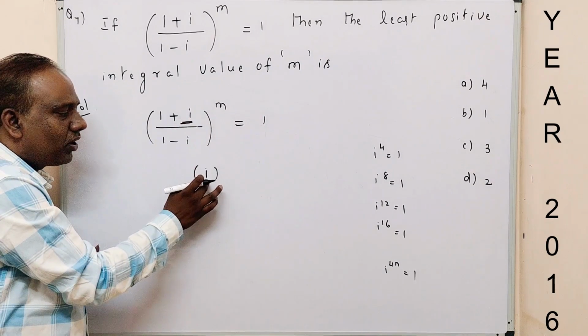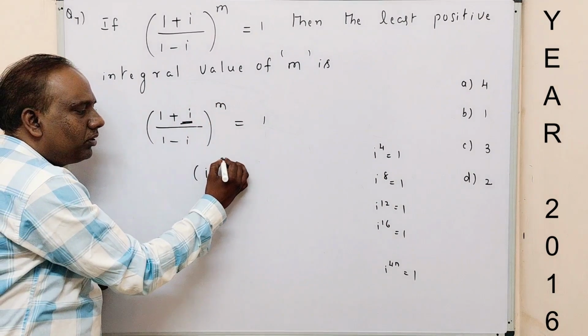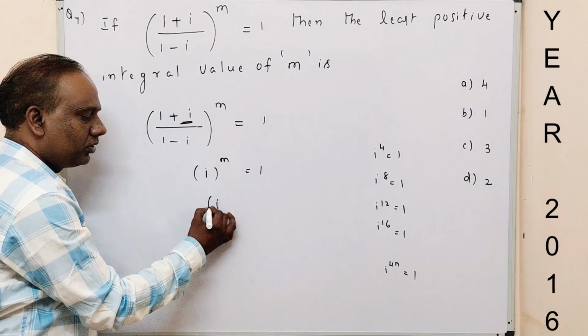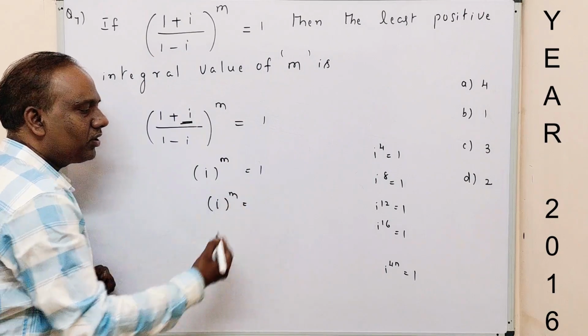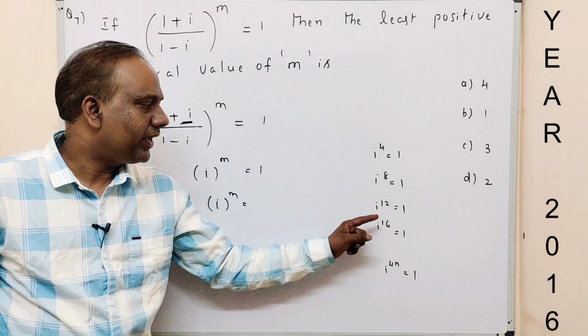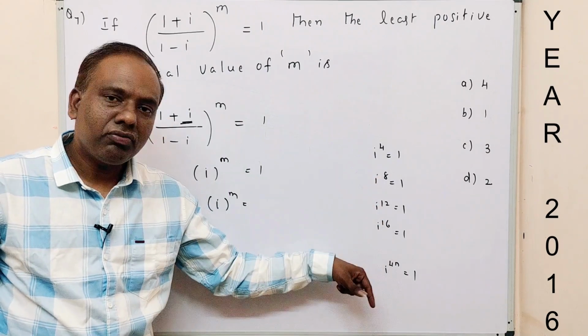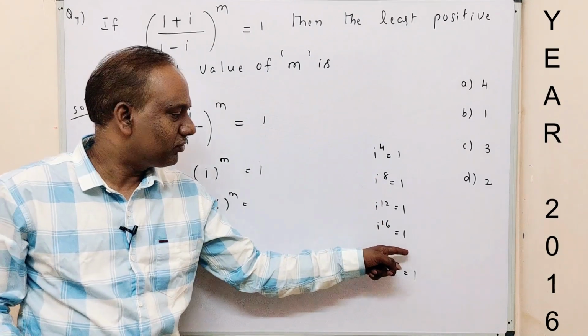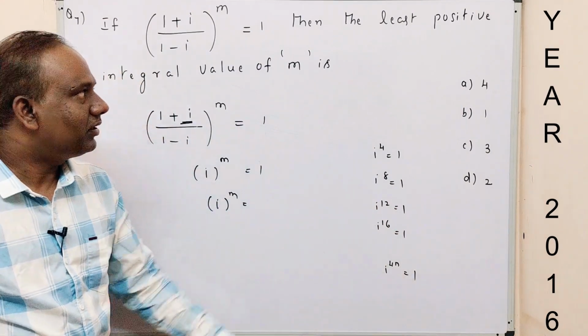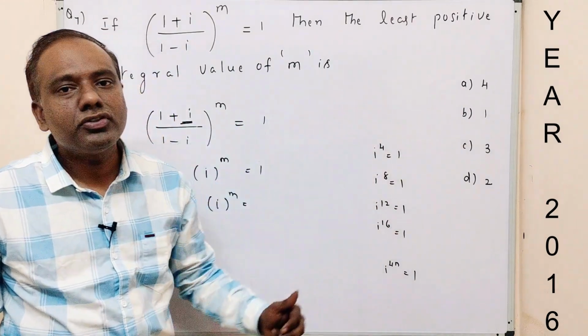So here i, so i whole power m is equal to 1. So i power m is equal to 1. 1 can be written as i power 4, i power 8, i power 12, i power 4 multiples also. Actually, i power 4 multiple value is 1. But the question is the least positive value.